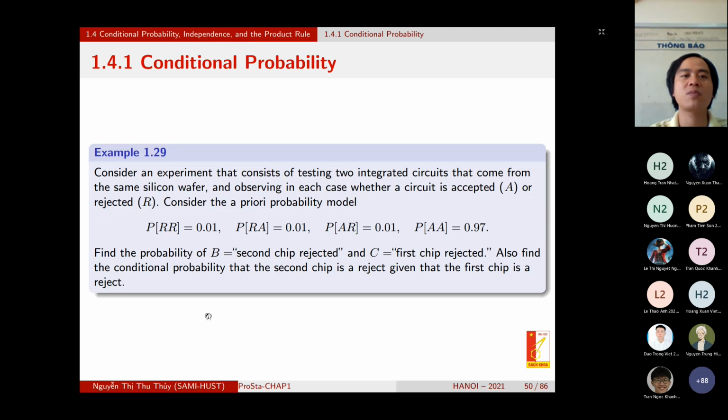We consider another example. Consider an experiment that consists of testing two integrated circuits that come from the same silicon wafer.